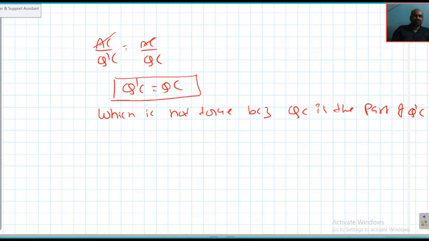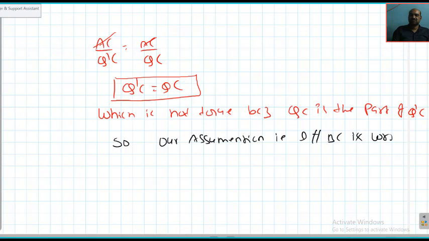So our assumption that L is not parallel to BC is wrong. Therefore, the given data only is correct, which means L is parallel to BC. Hence the theorem is proved.